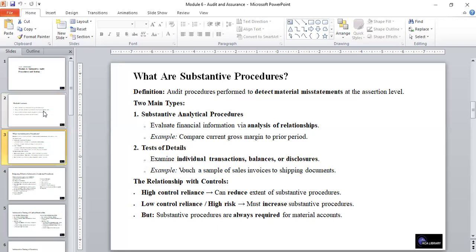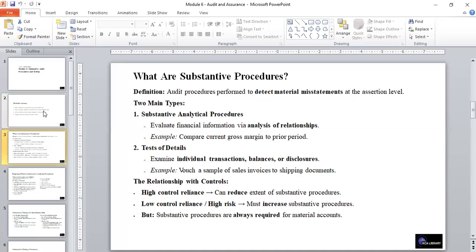We have the test of details as another type, and this examines individual transactions, balances, or disclosures. An example of this is vouching a sample of sales invoices to shipping documents.